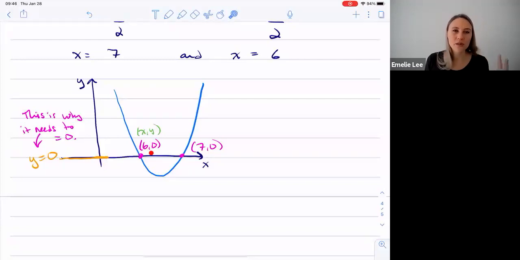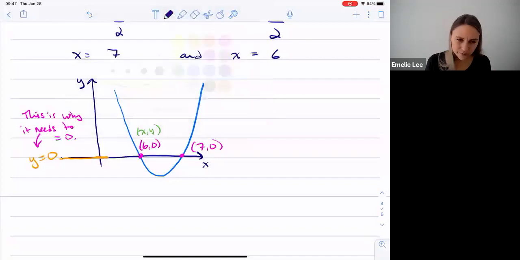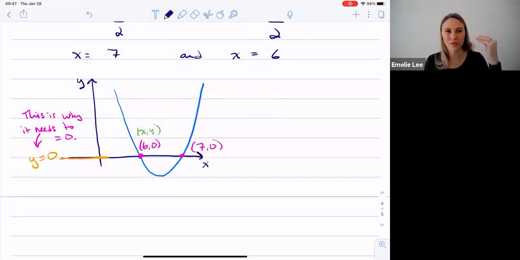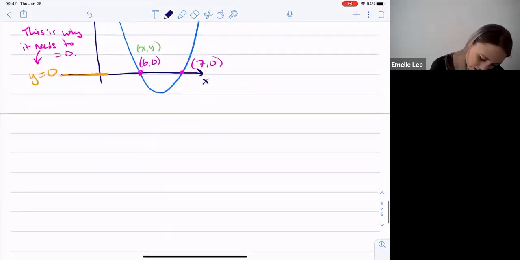So we can use the roots to factor quadratic equations. And this is why I introduced this first, so that we're not scrambling and trying to factor this nasty parabola and quadratic, but instead we'll just always use this method. Okay.